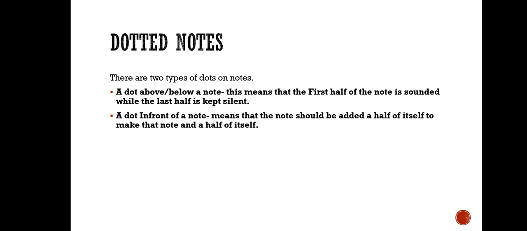Let's say we are using a minim. A minim has 2 beats, and a dot in front of a note means that we add a half value of that note to itself. Since a minim has 2 beats, if we put a dot in front of a minim, it will mean that we shall have a full minim, which has 2 beats, and also another half of a minim.